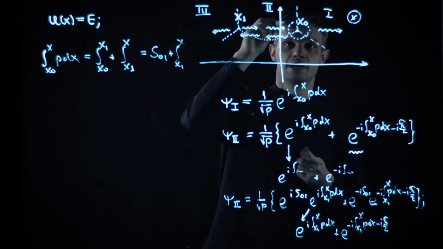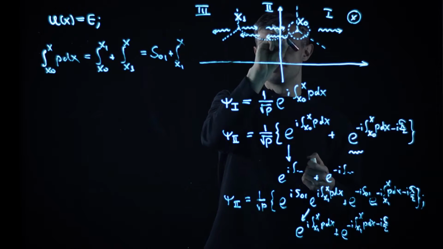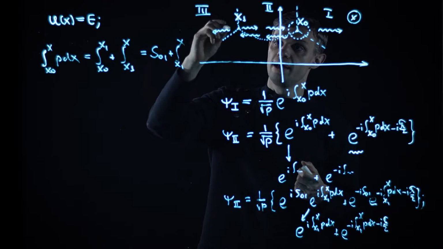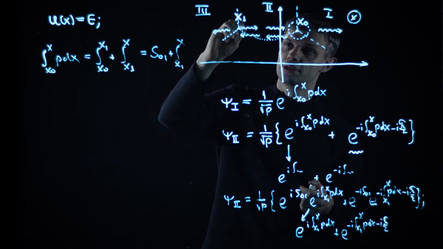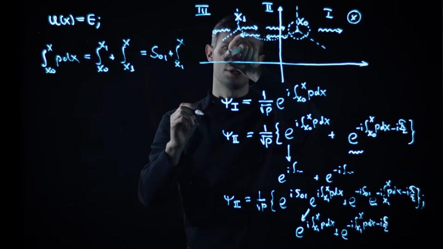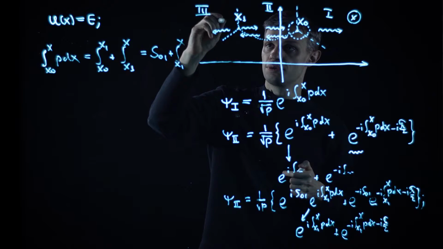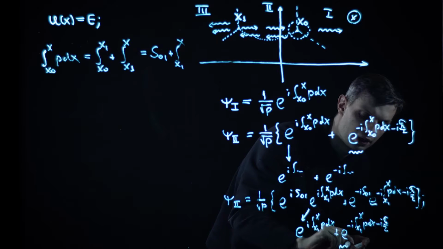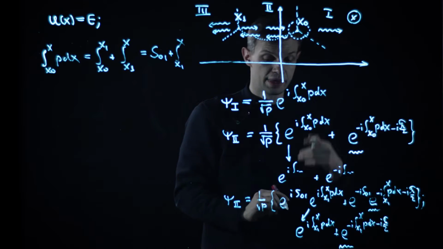One comes from turning point x0, which goes untouched through region 2 and arrives at region 3. Here it is. And the other one, which appears when we continue our solution, corresponds to the outgoing wave from region 2 to region 3. So here they are: the second reflected wave and the first reflected wave.